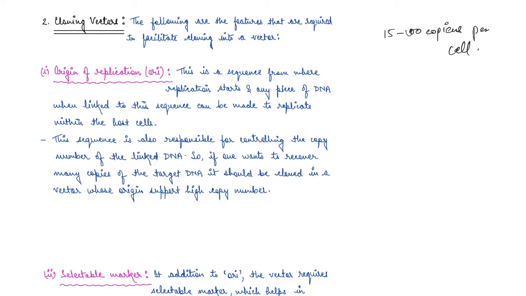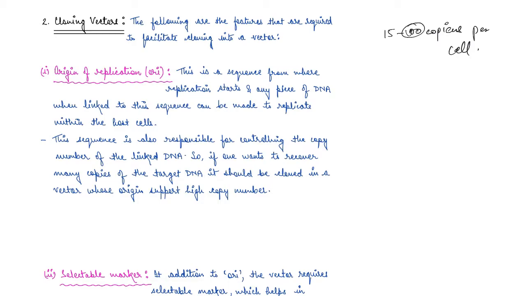So different types of plasmids have different abilities to replicate. This number can even go up to a very high number. These are used as vectors, and they are genetically engineered to transfer DNA into a target cell.